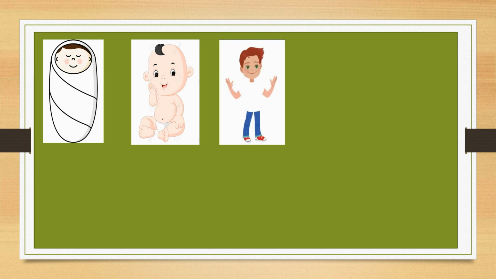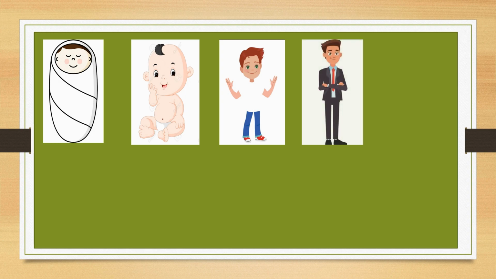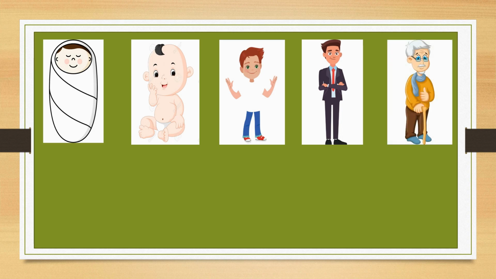And then by time the baby turns into a child and the child turns into a teenager boy. The teenager boy grows older and turns into an adult man. With the passage of time, the adult man grows older and gets old.